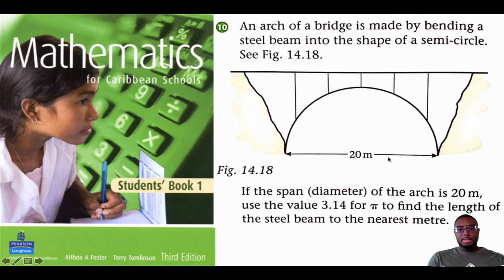If the span, which is the diameter of this semicircle, is 20 meters, and you use the value of 3.14, what is the length of this steel beam to the nearest meter? In other words, all they're asking for is the circumference of that semicircle.